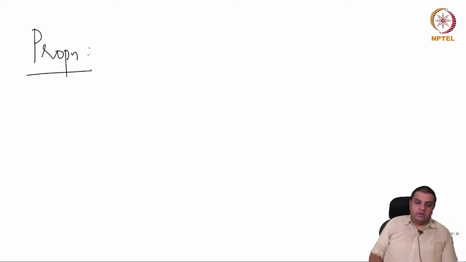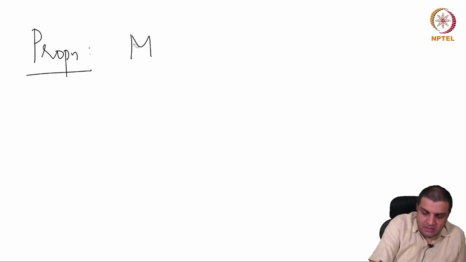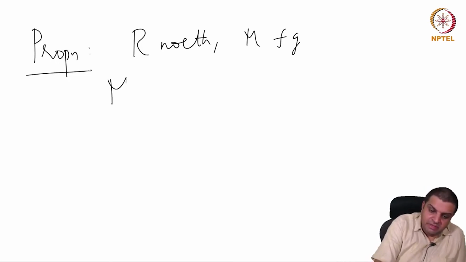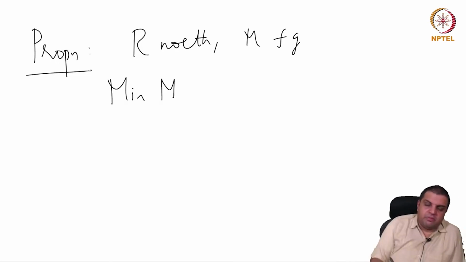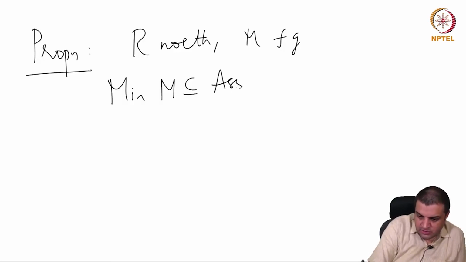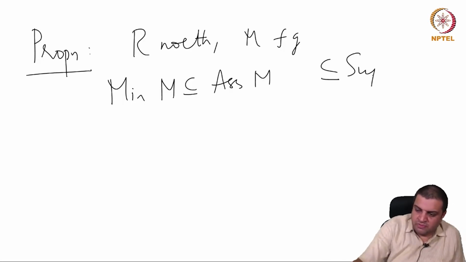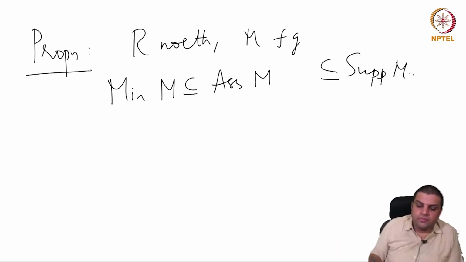Okay. So now let's prove the following proposition, which was what we had used in the previous proposition. Okay. R Noetherian, M finitely generated, then the minimal primes of M are inside the associated primes of M, and all of these are actually subsets of the support of M. Okay.